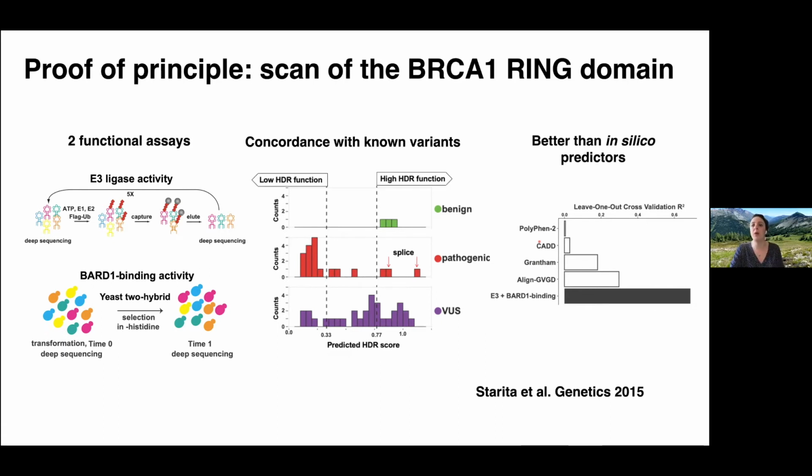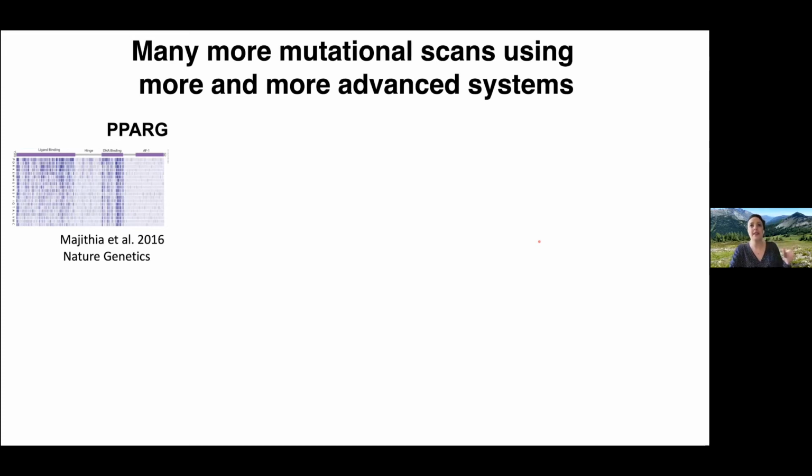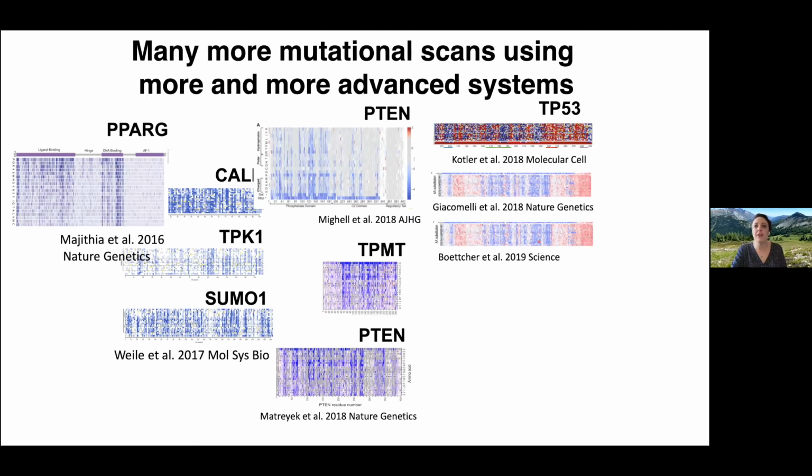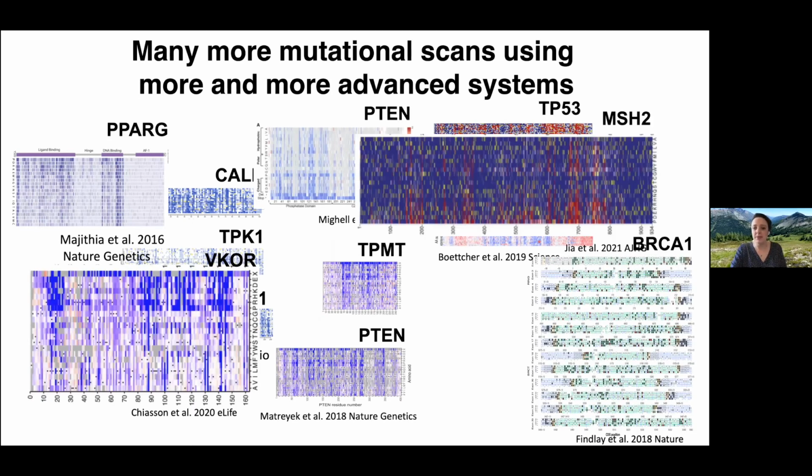So we thought, okay, well, this is really worth following up. And in the last couple of years, there have been many more mutational scans on human genes. We're using more and more advanced systems. And this is not all of them, but there's a lot of data here. We've been able to do tricks to barcode genes and look at longer sequences.